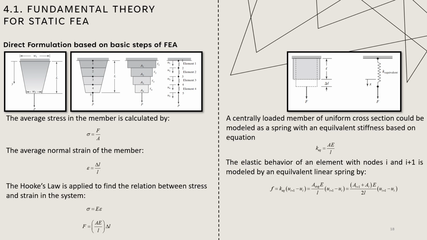So this is the component that has the length L, the width 1 on the upper part is a bigger one, and the width 2 is the smaller one, and it is under the effect of the force P.